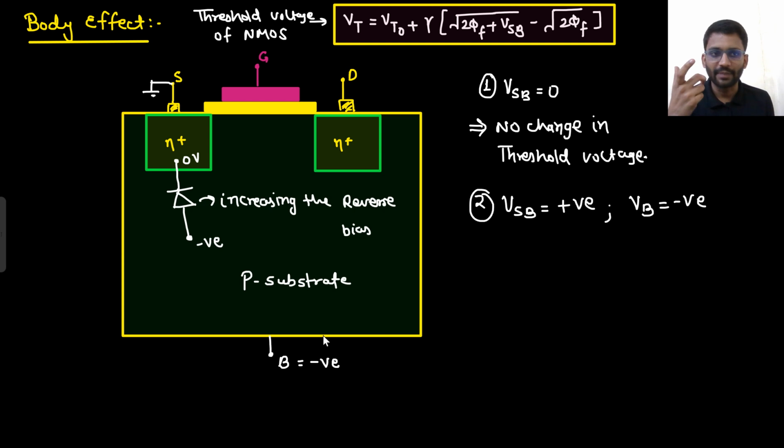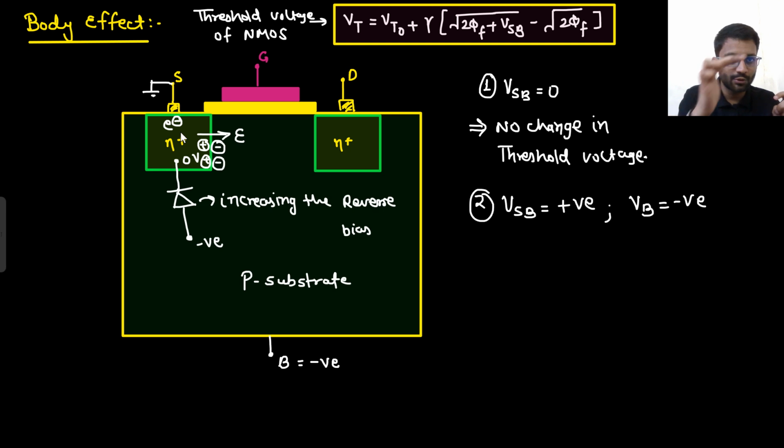If you are increasing the reverse bias at the source side, what is happening? The depletion width here will increase. If the depletion width is increasing, that means there will be strong electric field in this direction. Now there are electrons. What is the work of source?